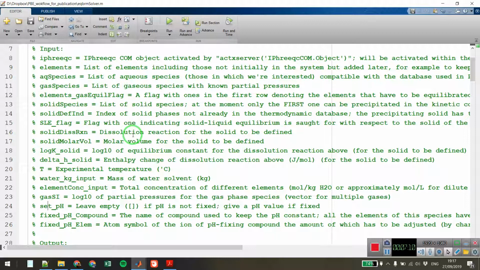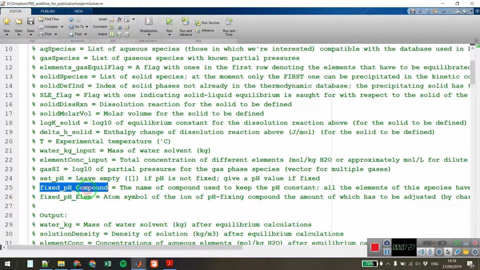Then we have set pH, which is basically a numerical value to which you want to fix your pH, for example if you have constant pH experiments. If not, you can just leave it empty and then the pH will be calculated. If you have a pH fixing, then you also have to introduce a compound, and the element in that compound, the amount of which has to be calculated by pH fixing.